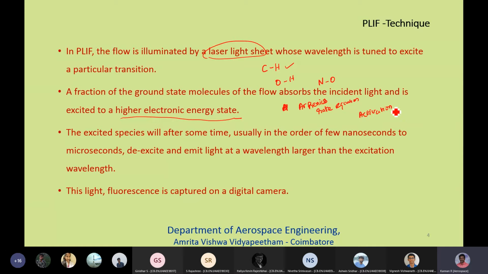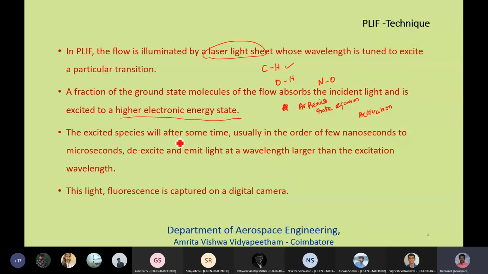A molecule in the ground state is excited with the help of another molecule and reaches the excited state, and we talked about endothermic and exothermic reactions. In a similar way, a fraction of ground state molecules absorbs the incident laser light and is excited to a higher electronic state.